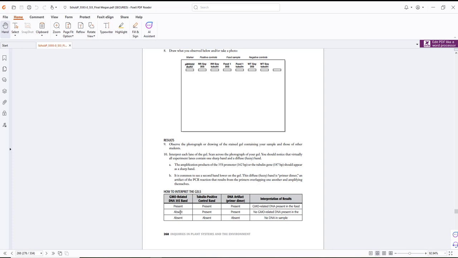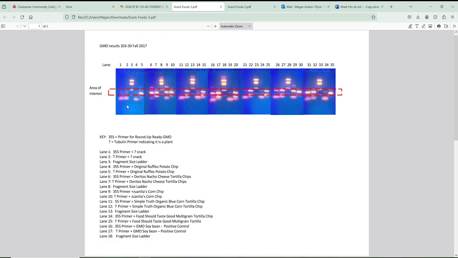If the first band, the GMO related band, is absent but the T band is present, then it does not. So let's go back to the bands. If we take a look at lanes 1 and 2, if the first band is present and the second band is present, then we know that whatever snack it was is GMO. If it doesn't, then it's not.